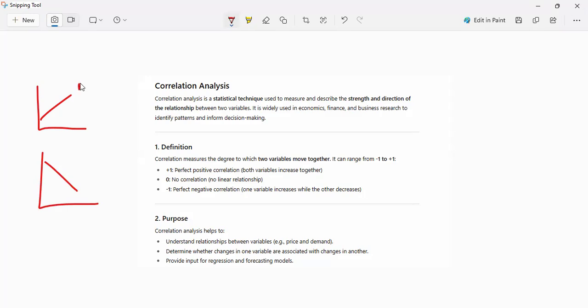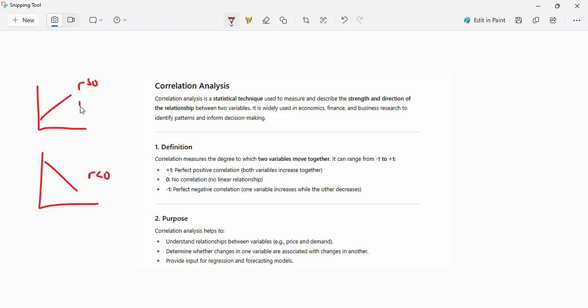The positive relationship R, okay, is when you're greater than zero. Okay, when your R is greater than zero, this is a positive relationship. When your R is less than zero, it's a negative relationship.